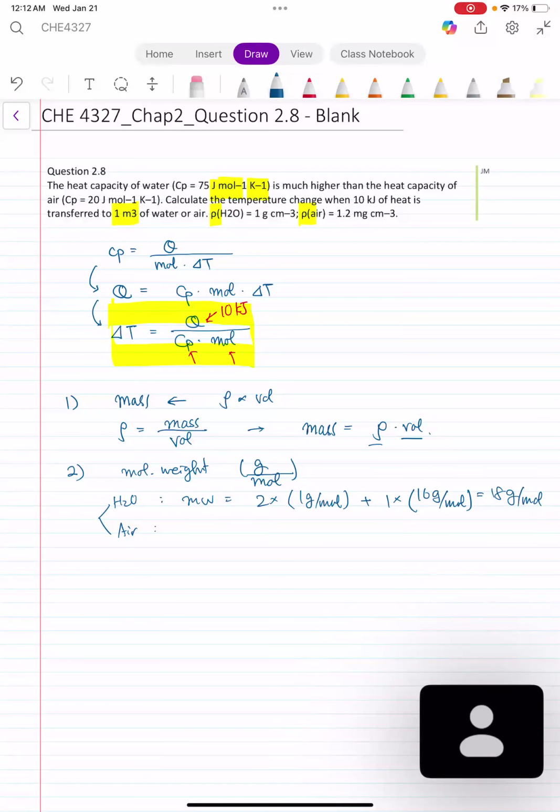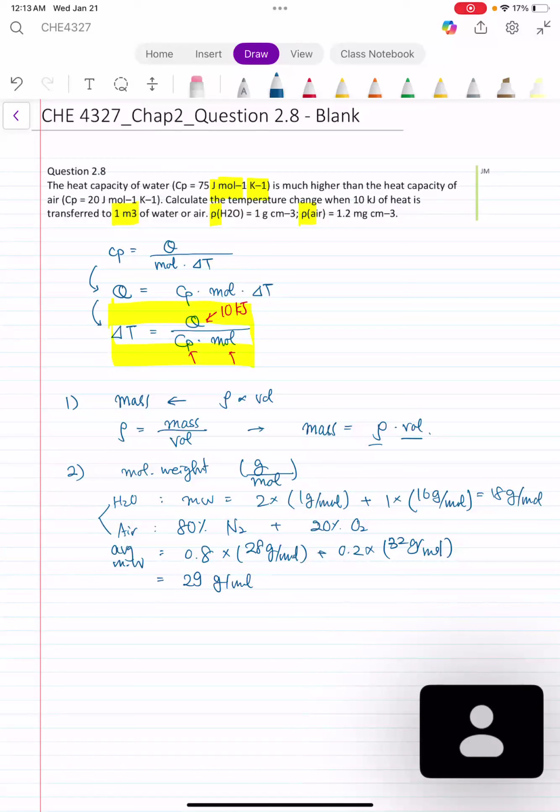Air is generally considered to be made up of 80% nitrogen and 20% oxygen. So the average molecular weight would be obtained by 0.8 times the molecular weight of nitrogen plus 0.2 times the molecular weight of oxygen. And that should give you 29 gram per mole.